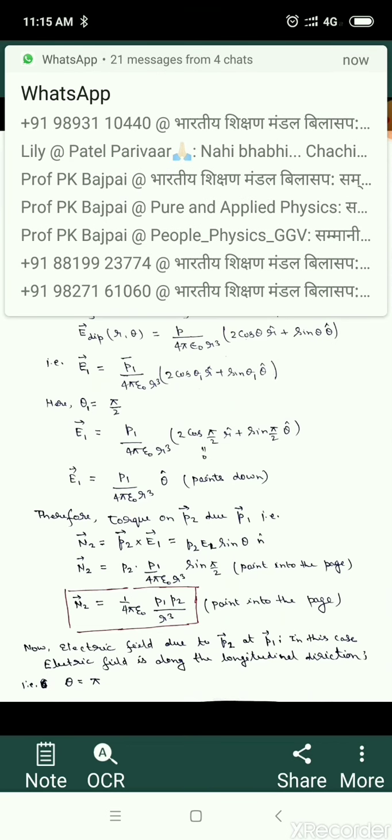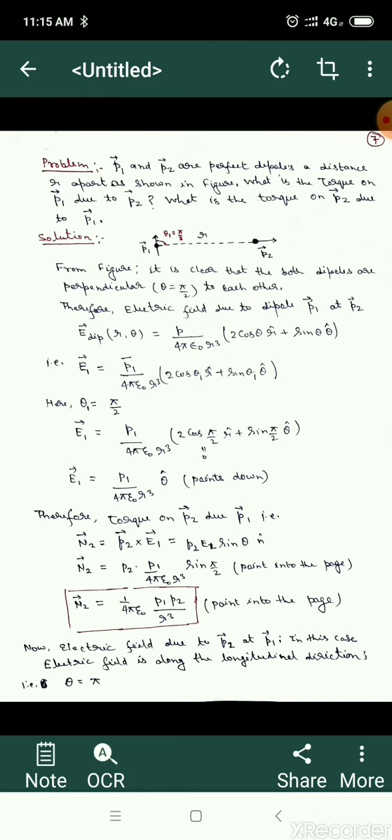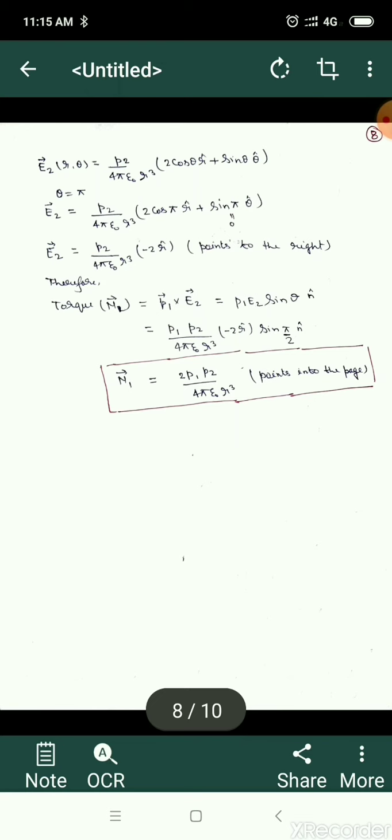Therefore the electric field is along the longitudinal direction of the dipole, that is theta is equal to pi. So E2 of r, theta can be written as P2 upon 4 pi epsilon 0 r cube, 2 cos theta r unit vector plus sin theta theta unit vector. With theta equal to pi, E2 is equal to P2 upon 4 pi epsilon 0 r cube, minus 2 r unit vector, that is pointing to the right of the page.